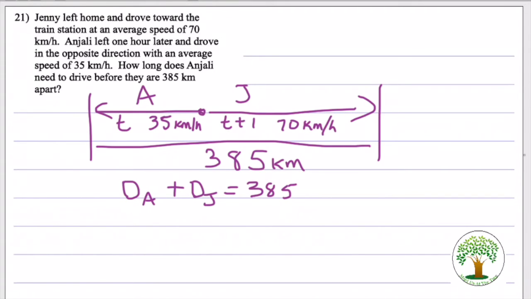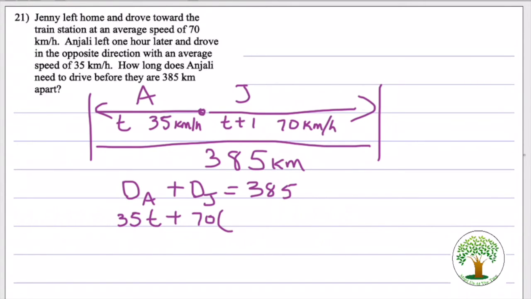So what are we going to substitute in for Anali's distance? 35t. What are we substituting in for Jenny's distance? 70 open parentheses t plus 1. I'm going to have to make it a capital T.